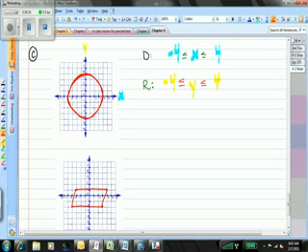Okay, so pick an x value that's on this graph. Pick an x value between negative 4 and positive 4. 3? All right, if I go over to 3 and I look at 3, is there more than one coordinate at 3? What are they?